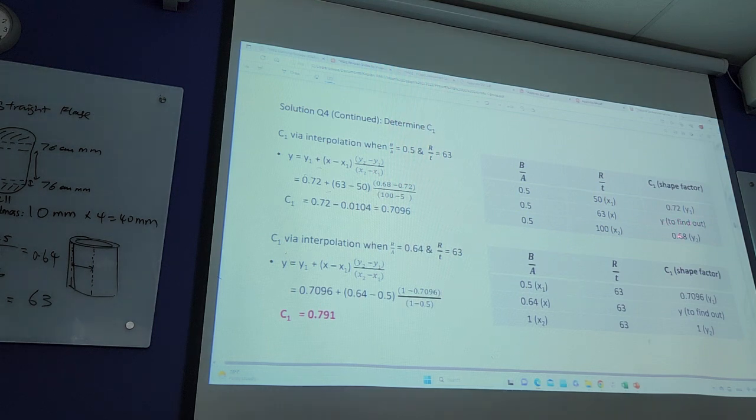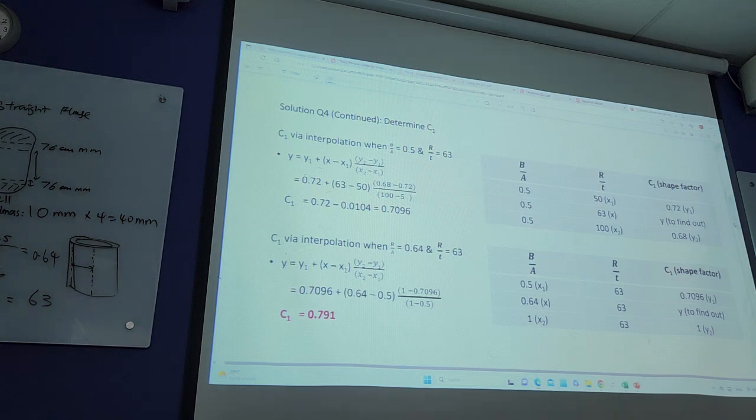So the next thing, to find out the final C1, next thing we want to fix RT. Just now we fixed B over A at 0.5 to find out the C1, right? After we found C1, we fix RT, R over T is 63. This is our value, 63.